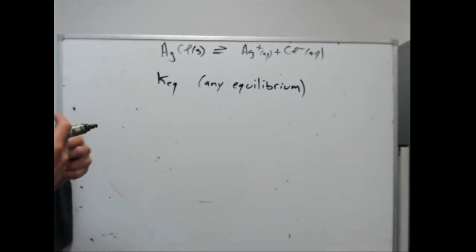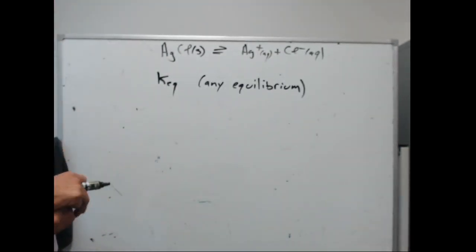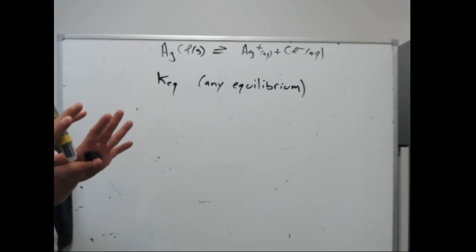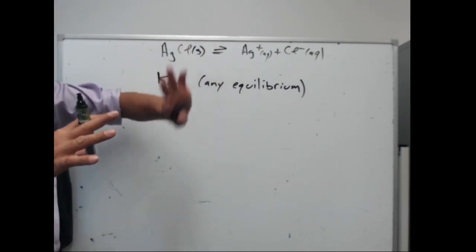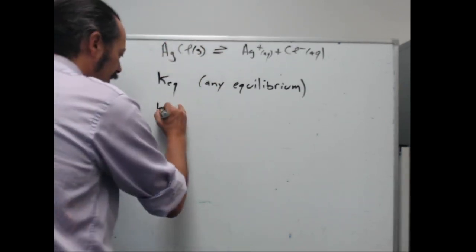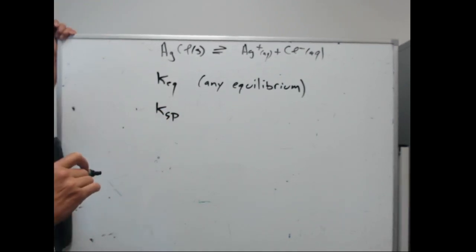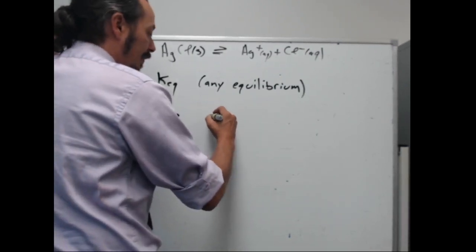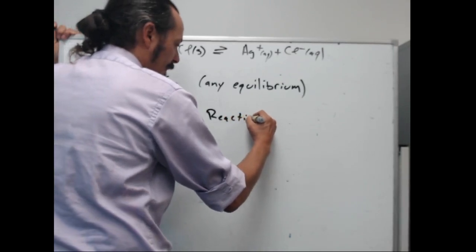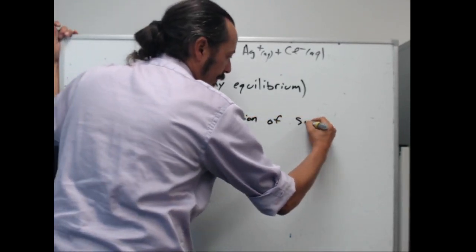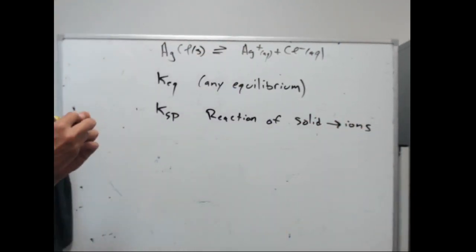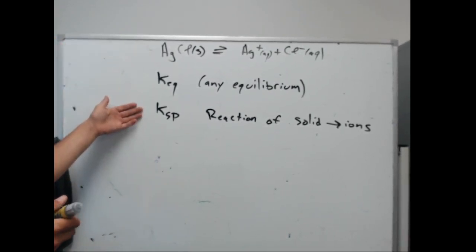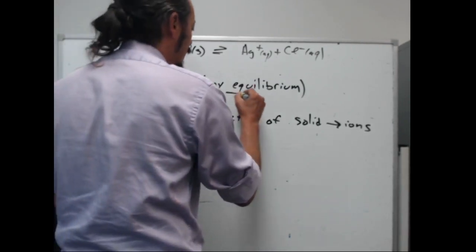If I want to give the readers or the people working on the problem a hint that it's specifically a solid dissolving into ions, so you're going to have ions in solution, there's going to be water involved, and there's some solid that we're not involving, we'll give it a KSP. That is specifically when we are looking at the reaction of solid to ions. So we give this subscript to kind of give a hint.